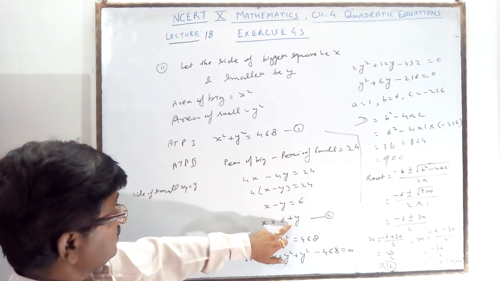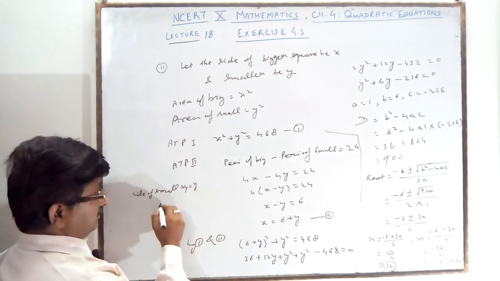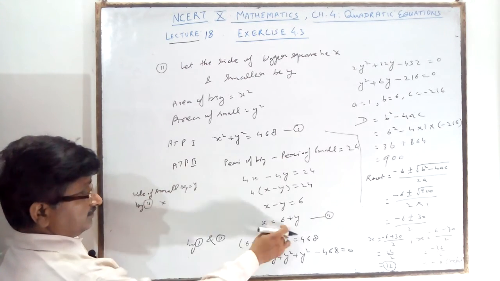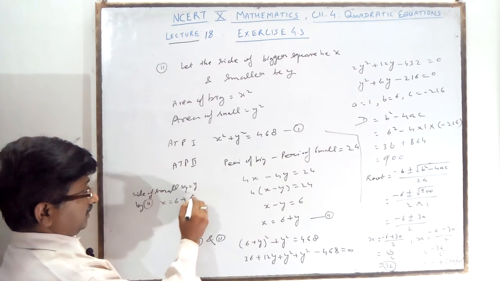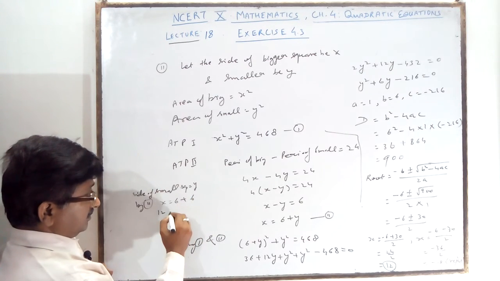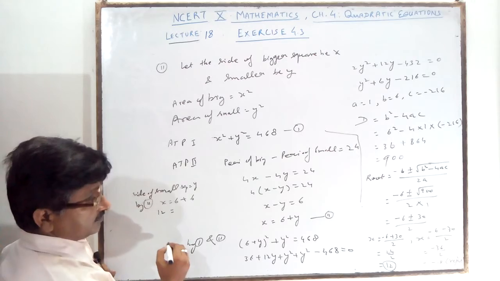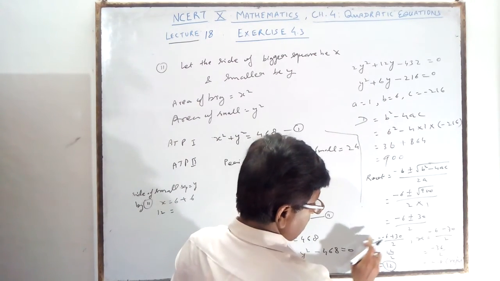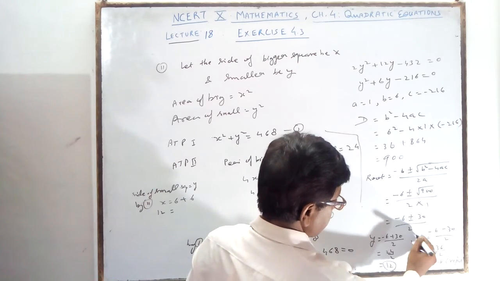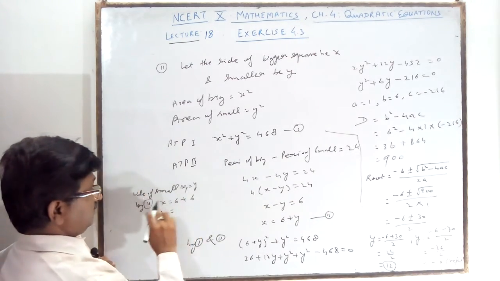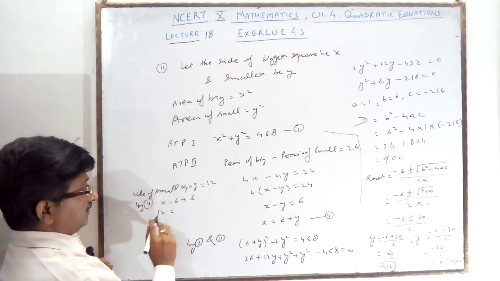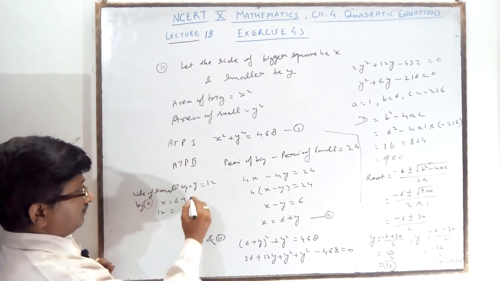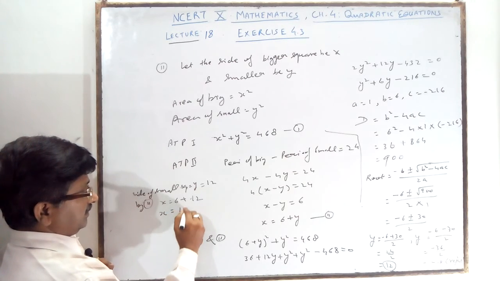Here the variable is y, so here you will not get x, you will get y. So the small square has side 12, then by the second equation x is equal to 6 plus 12, and you are getting 18.